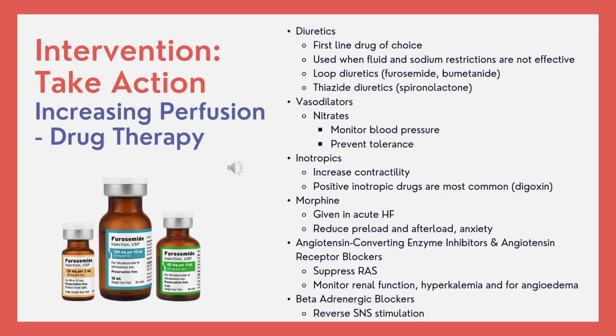Our next medication is for patients who don't tolerate ACE inhibitors, because ACE inhibitors can sometimes cause a dry cough or even angioedema. These patients may be put on an angiotensin 2 receptor blocker. Again, these provide very similar benefits because they essentially do the same thing.